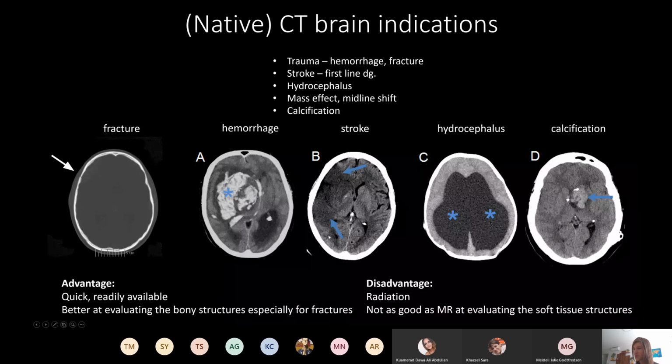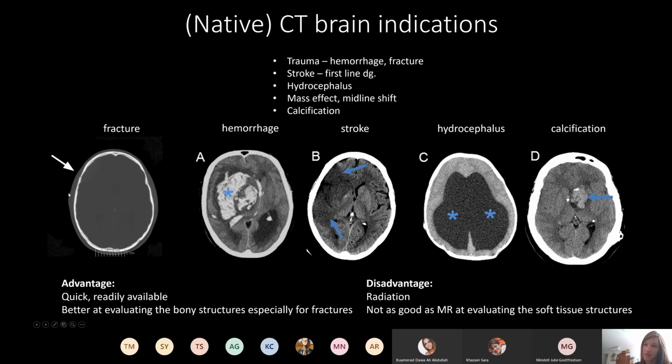So when do we order a CT brain, or when do we use it? Normally we order a native CT brain in trauma patients when we want to see hemorrhage or fractures. Then this is the first line imaging for stroke, hydrocephalus, or when you want to show mass effect or midline shift or calcification. So here are some examples.